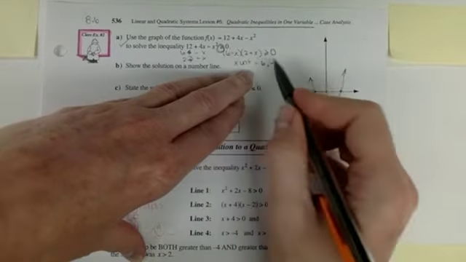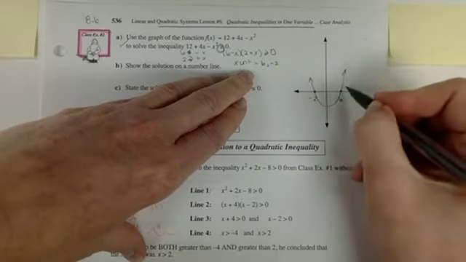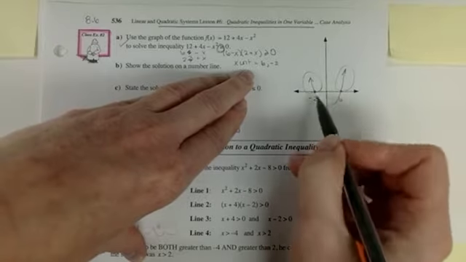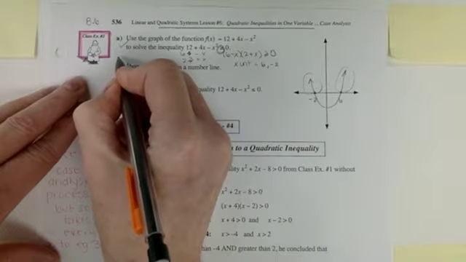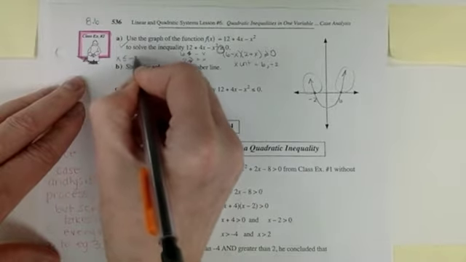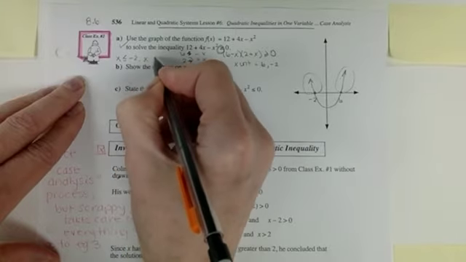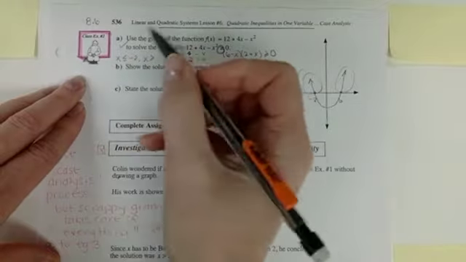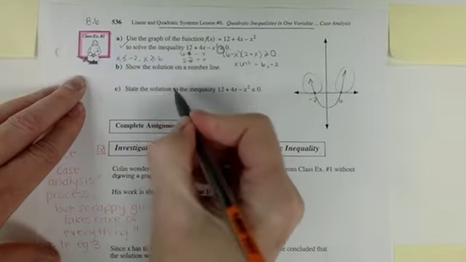Okay, so solving this, we know greater than or equal to 0 means above the x-axis, which means x is less than or equal to -2, and x is greater than or equal to 6.